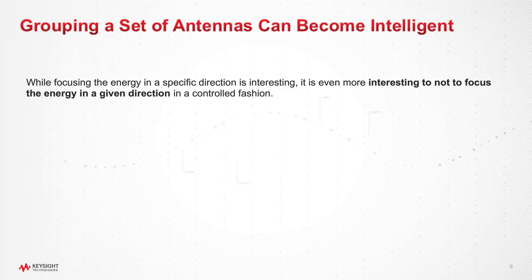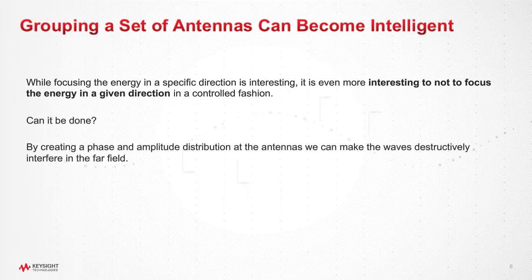As we have seen, focusing the energy in a specific direction is pretty interesting. But it is even more interesting if we can create zero gain in a specific direction for the phased array. And if it can be done in a controlled fashion, that's even better. Can it be done? Yes, it can all be done by creating phase and amplitude distributions at the antennas.